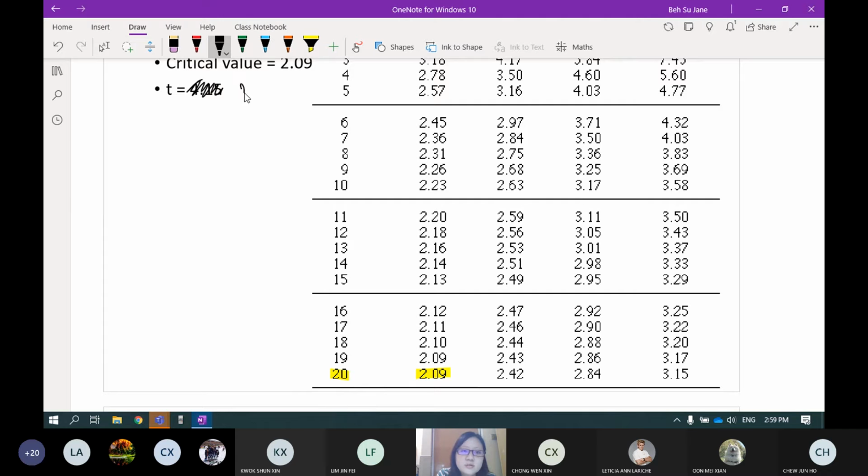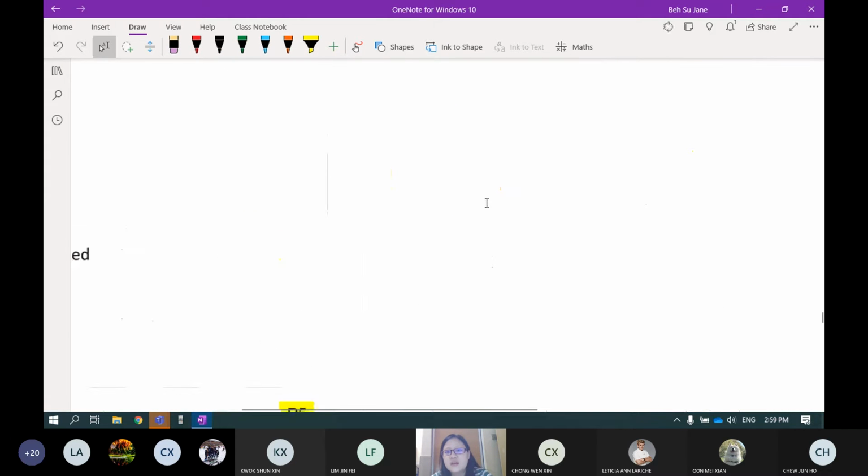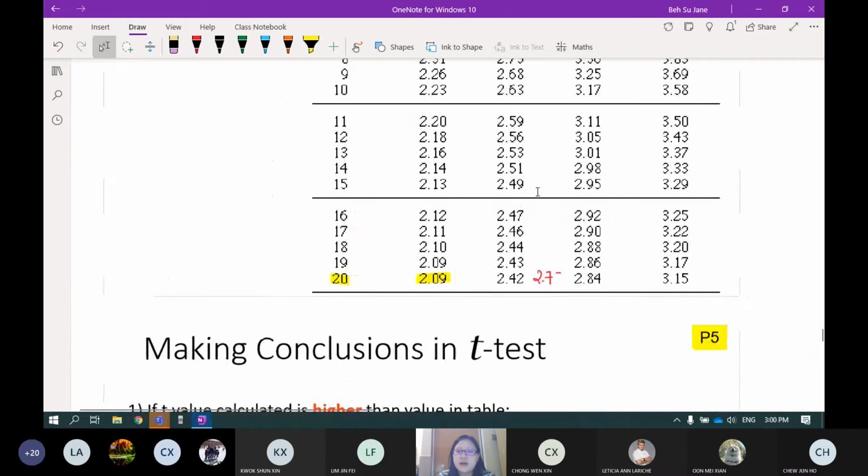The t value we've calculated so far is 2.78. So where does our value lie on this line here? The value lies between this critical value and this critical value right here. I'm going to use red. 2.78.